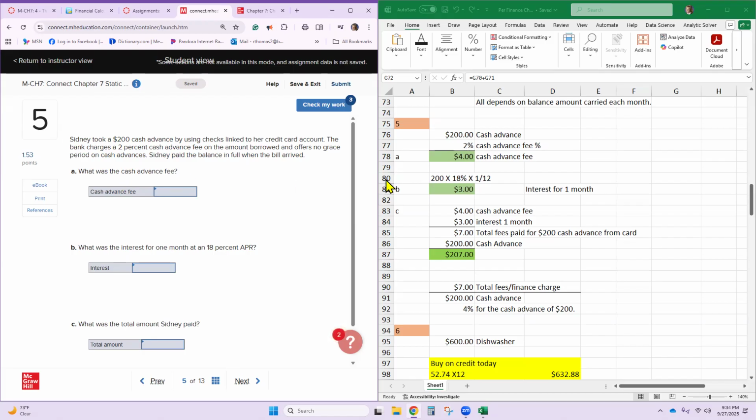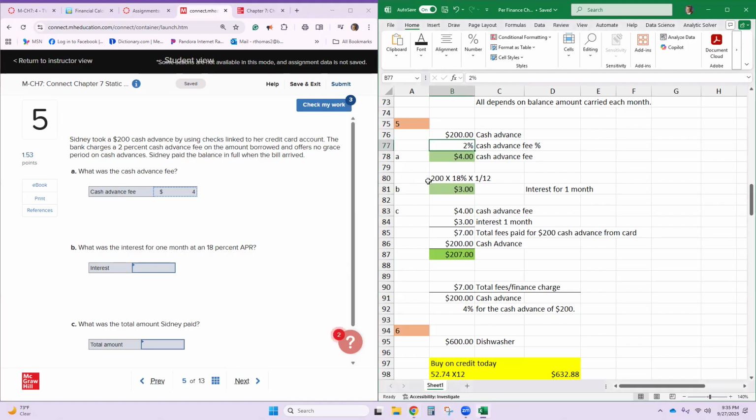All right, so if you take $200, or maybe she needed to have something done to a car in an emergency situation or something, and that would be a good reason to use the cash. Better yet, it would be better if she just paid for it with the card. But anyway, so let's start with the 2%. So it's 2% of the cash that you're being advanced. That's $4. Okay.